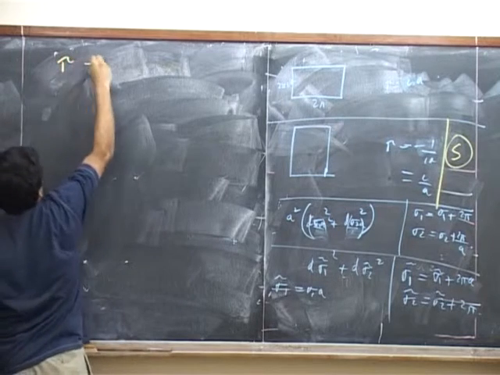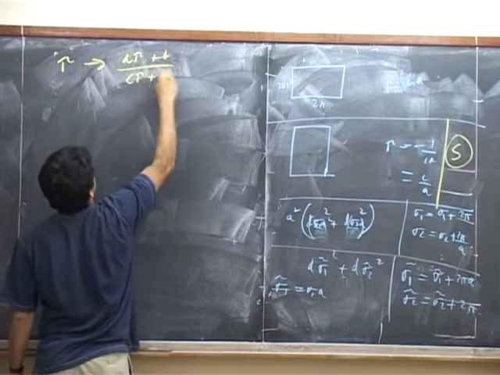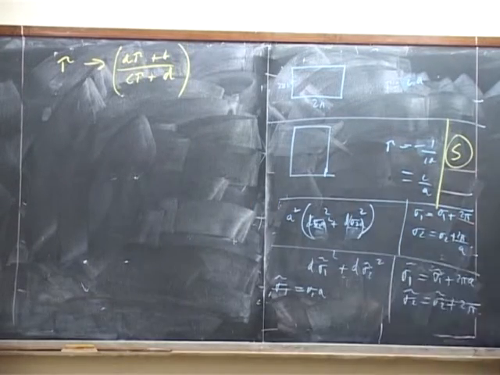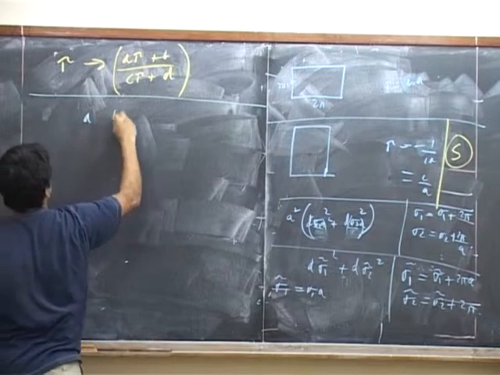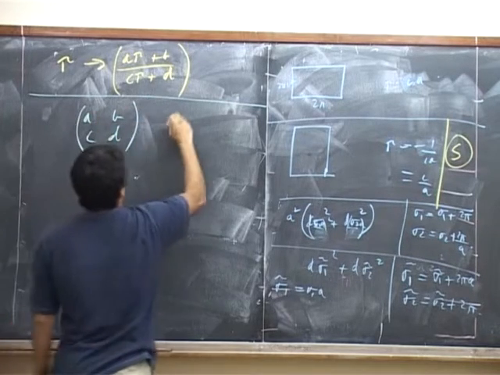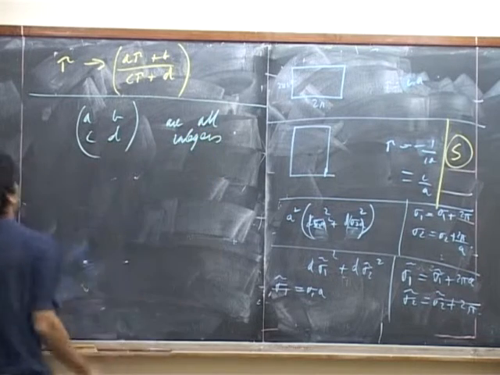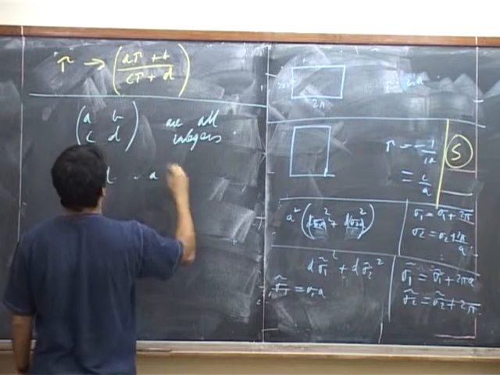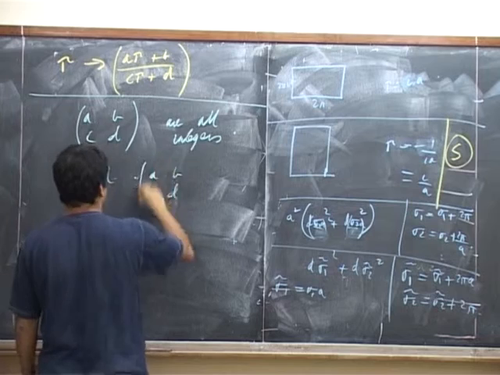So what do you get? You get tau goes to A tau plus B over C tau plus D, where A, B, C, D are all integers, and with A, B, C, D this determinant equal to 1.